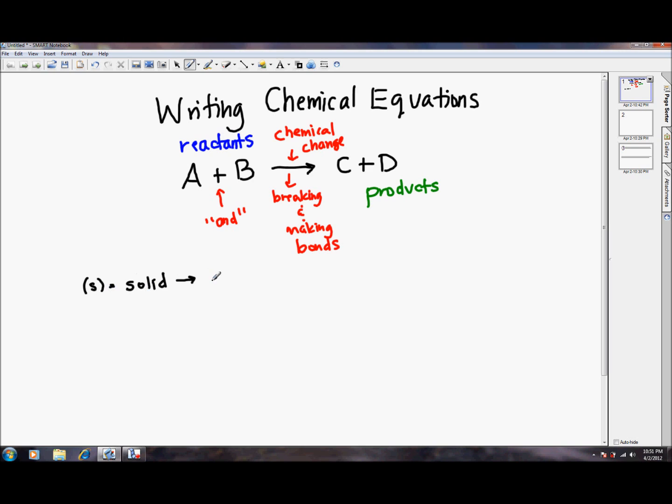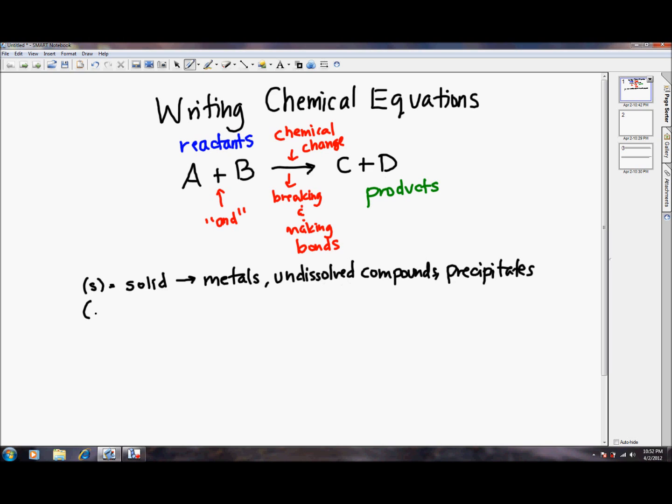Reactants or products that are labeled with an s are metals, undissolved compounds, and precipitates. You may recall that a precipitate is a solid that is formed during a chemical reaction, usually from two dissolved compounds. So precipitates are always found as products.